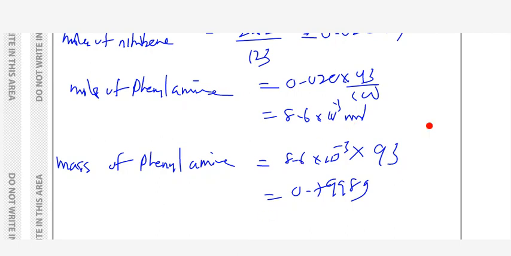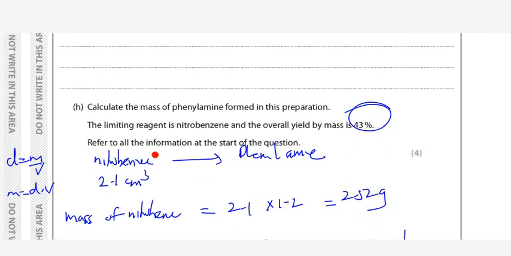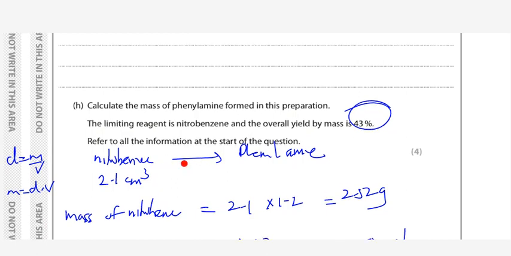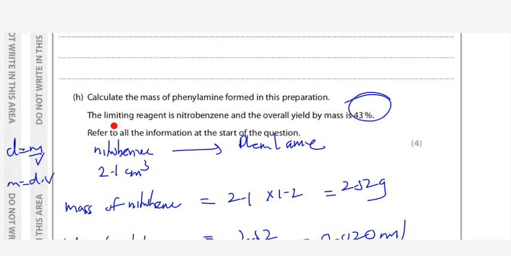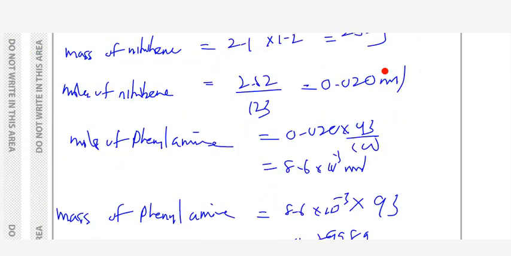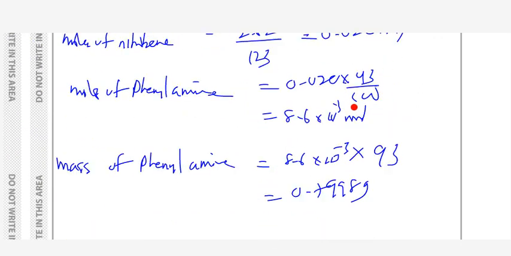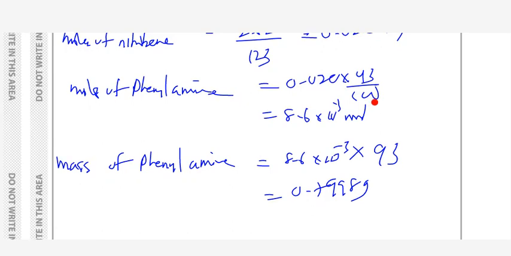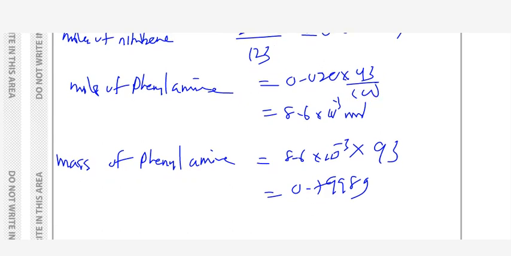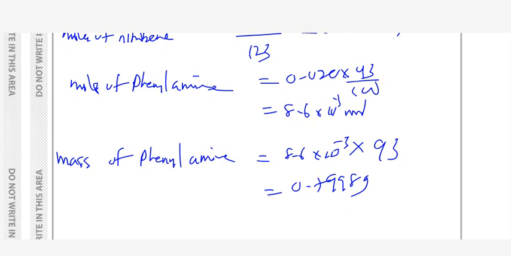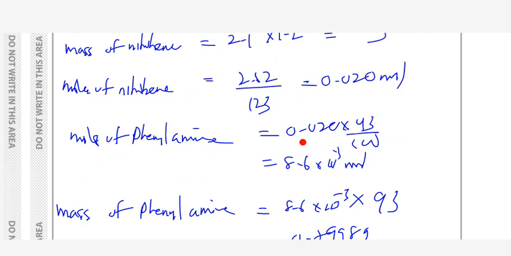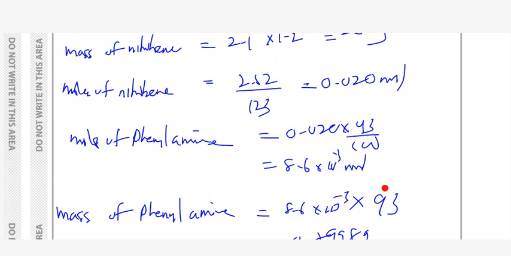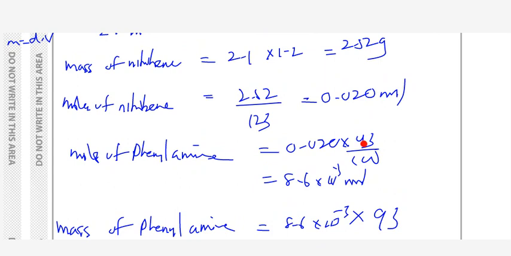Right, so what's the question now? Calculate the mass of phenylamine. No, we took 43%, right? I took 43%, not 100%. If you need to find the 100% yield, then you simply multiply by 93. I took 43% out of that. Understood?